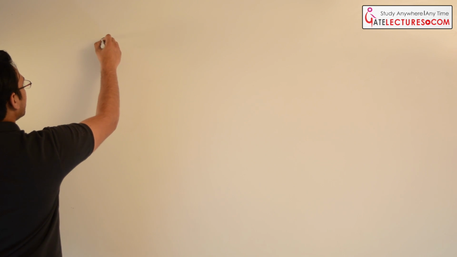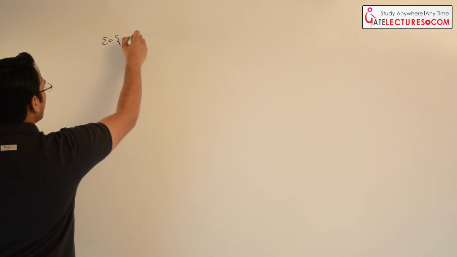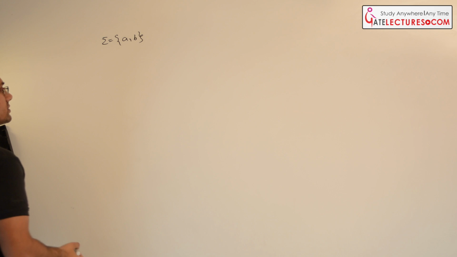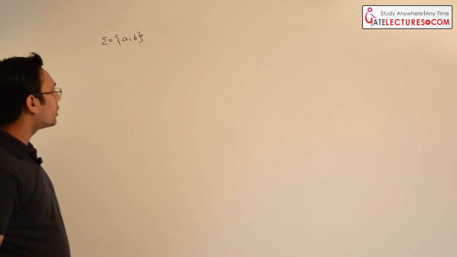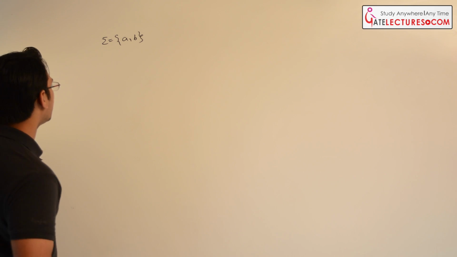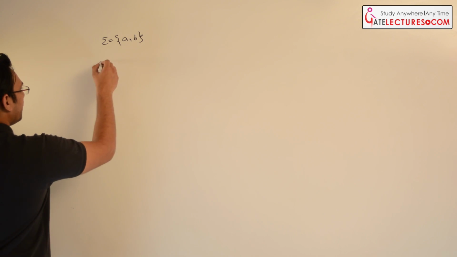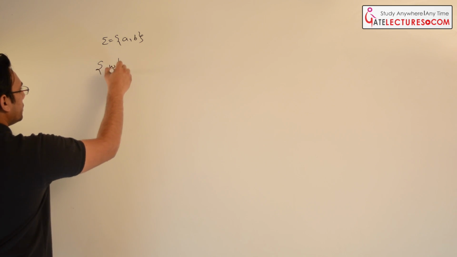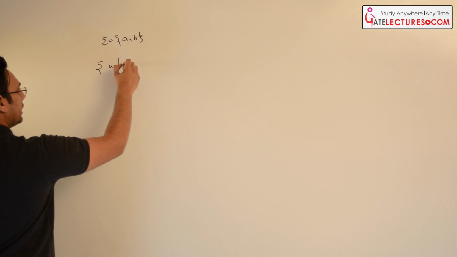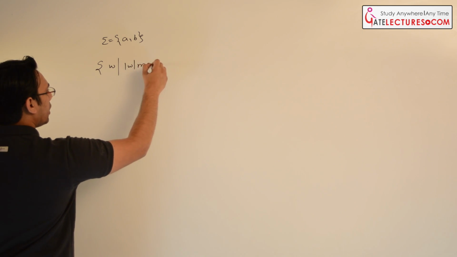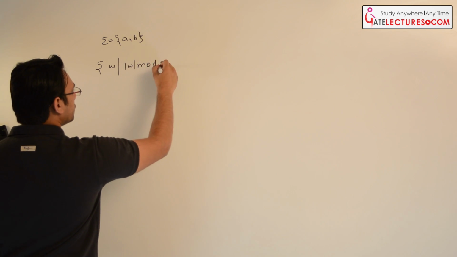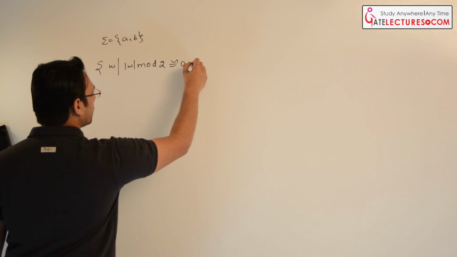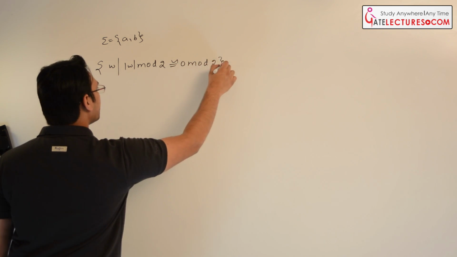we have the alphabet Σ equal to {a, b}. We are working on the alphabet a, b. Now here we have strings W such that length of W mod 2 is congruent to 0 mod 2. We have already seen this example.